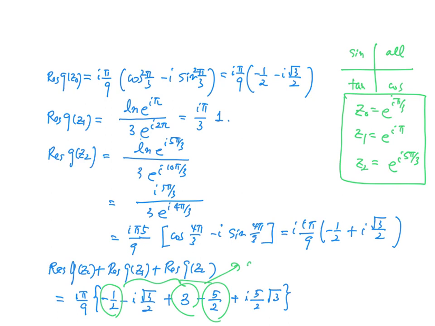So it simply becomes I pi over 9 times 2 over 4 I square root of 3 is minus 9 over 2 pi square root of 3, right?